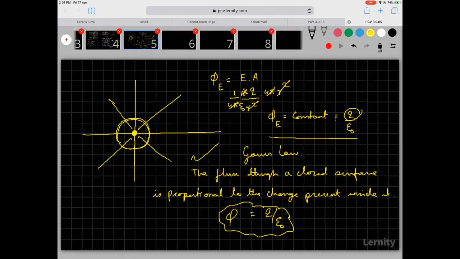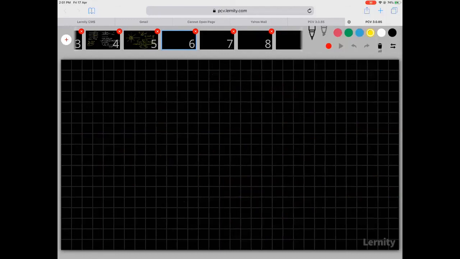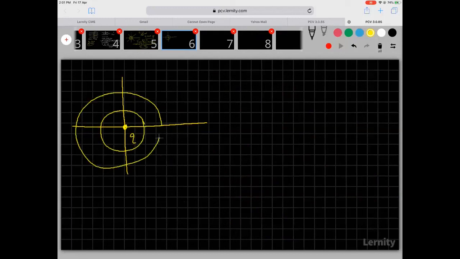Now I would like to take up new cases and then let us work it out. So first case is, I'll go back to the old one again. So if there is a charge Q here, if I draw one surface here and if I draw one surface here, what will be the ratio of the flux through each? Suppose this is R, this is 2R. What will be the ratio of the flux?